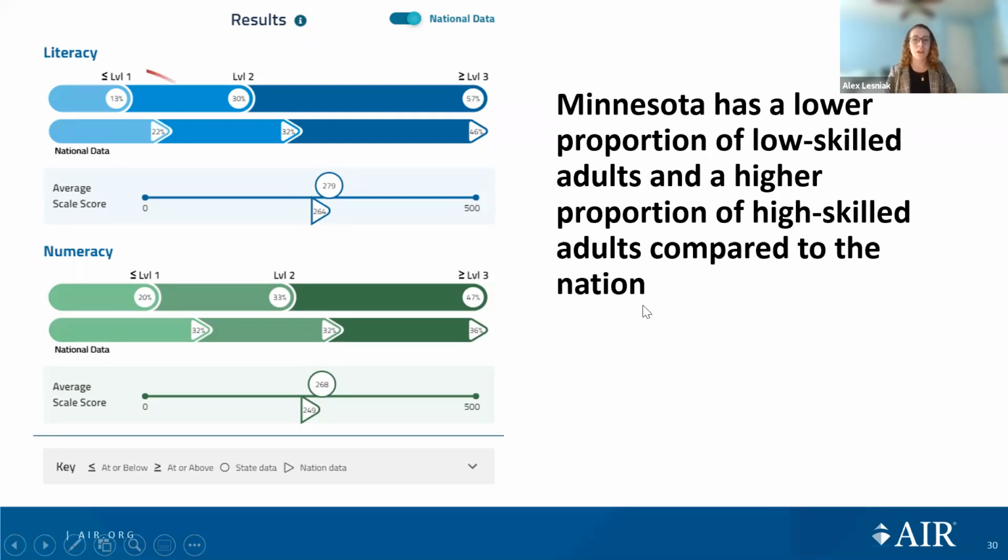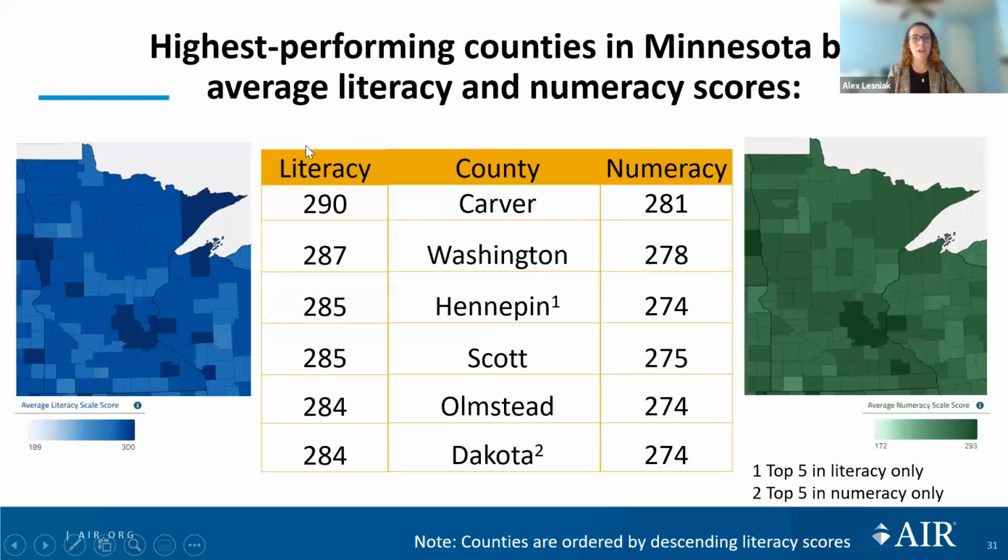That's a pretty big jump between the national data and the state, so it's definitely impressive. I will be going into this a little bit more later as we look at the entire list of counties and their skill sets and scores, but here are the highest five performing, or the highest six in this case, counties in Minnesota by their average literacy and numeracy scores.